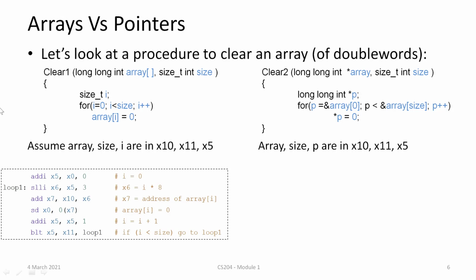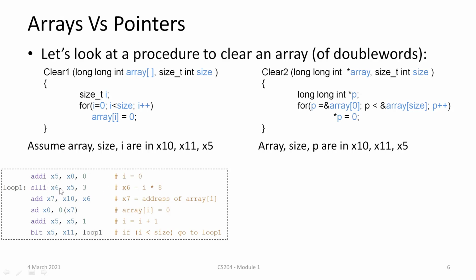X6 is the temporary register here. Basically we are doing this to get the offset of the ith element of the array, because it's an array of double words. If it was simply words, then we would have placed 2 here.